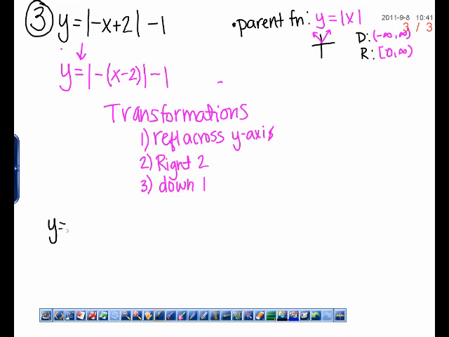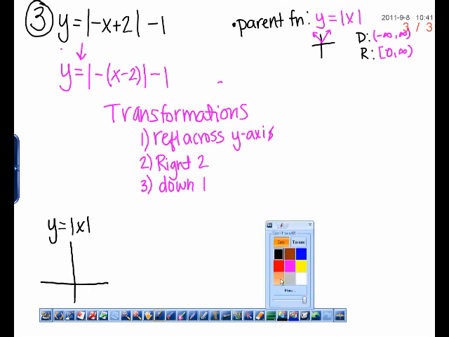So let's start with y equals the absolute value of x. Tell me some points on that graph. 0, 0. -1, 1. 1, 1. 2, 2. -2, 2. And I could keep going.